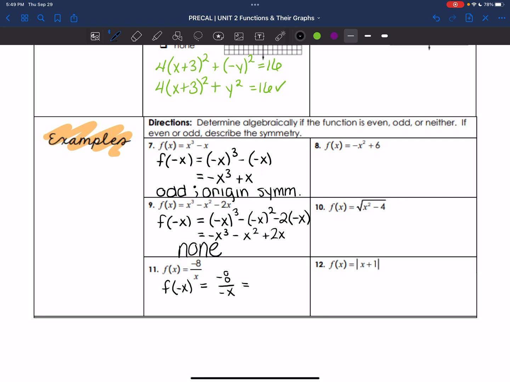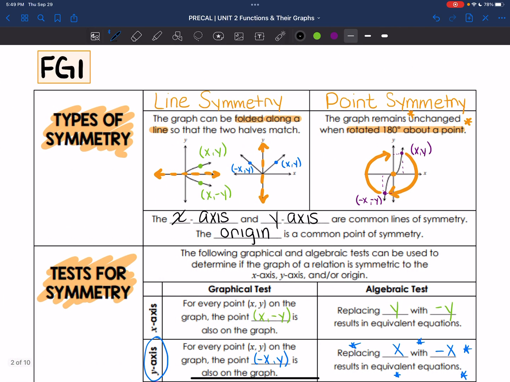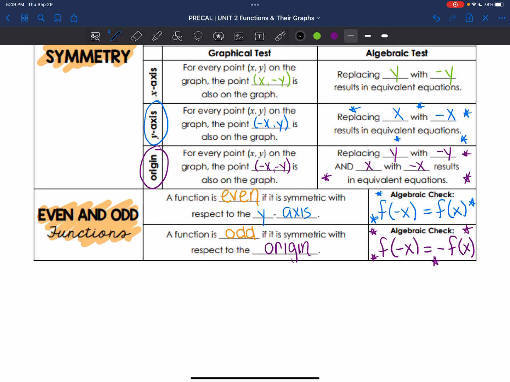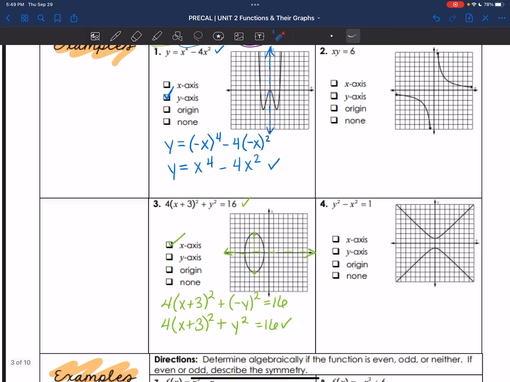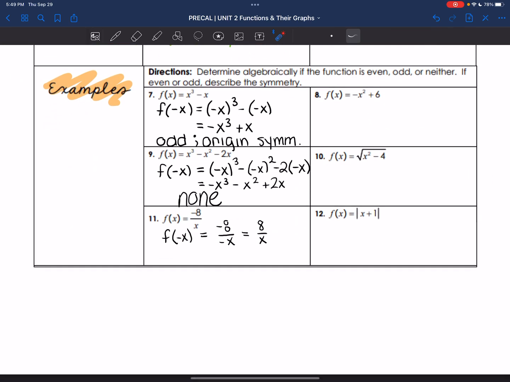Negative over negative is going to give us a positive 8 over x. So initially it was negative 8 over x, and now it is positive 8 over x. It's not the same as the original, no, but it is in fact the opposite. So what we have is a function that is odd and symmetric to the origin once again.